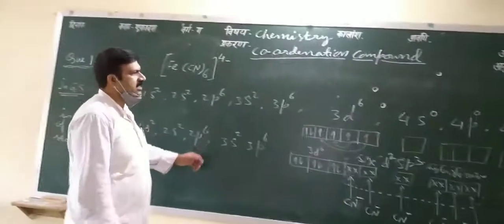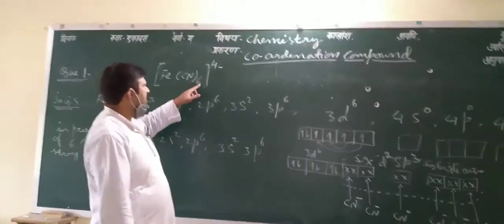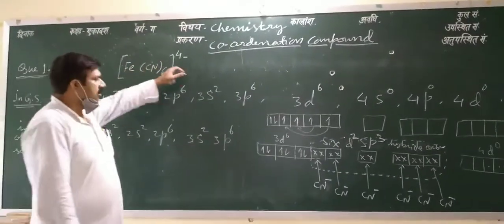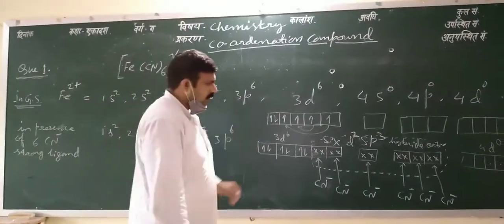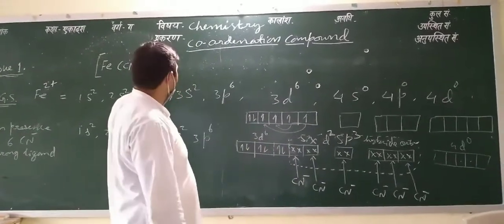That is hexacyanoferrate(II) complex, and it is called hexacyanoferrate. And (II) means the oxidation state of iron is +2.